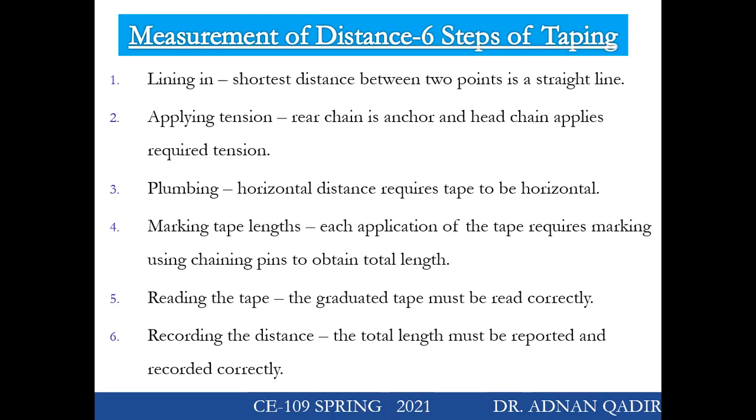Say for instance you have pegged five pins, that actually is 500 feet, and the last you need to measure how much it is. Let's say you are measuring 40 feet, so the last pin and the fifth pin have a distance of 40 feet. That point you measure. So it's always easy to remember by using chain pins, or as I keep saying, peg along the alignment of your chainage.